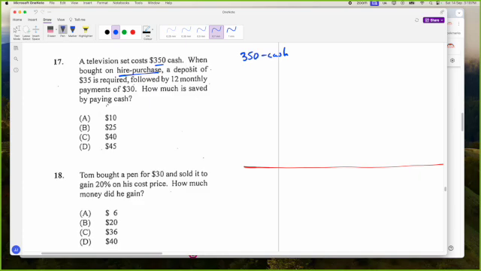When bought on hire purchase, the deposit is $35, followed by 12 monthly payments of $30. How much is saved by paying cash? So 12 threes are 36, so that is 360 plus 35. I don't have a calculator, remember, so I have 395 as the hire purchase price.